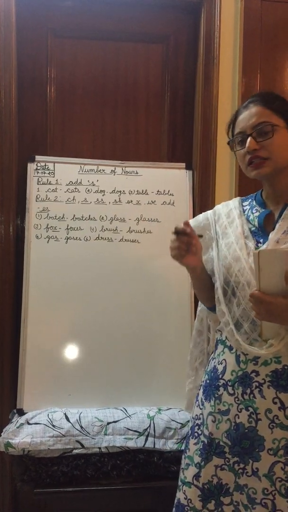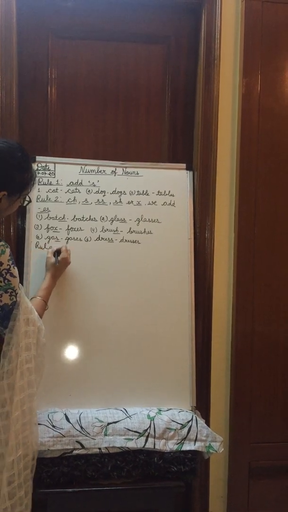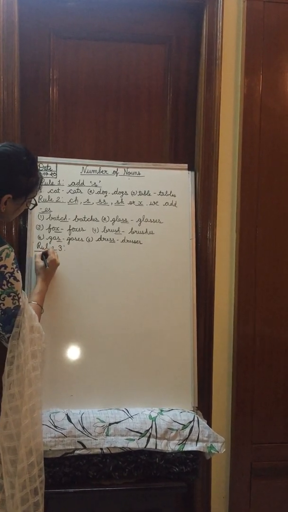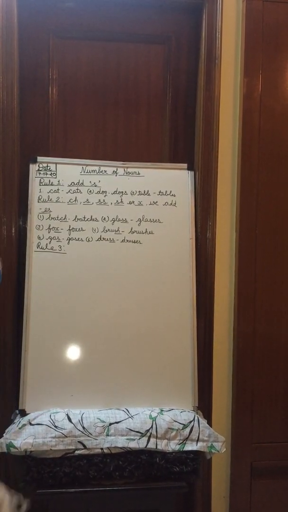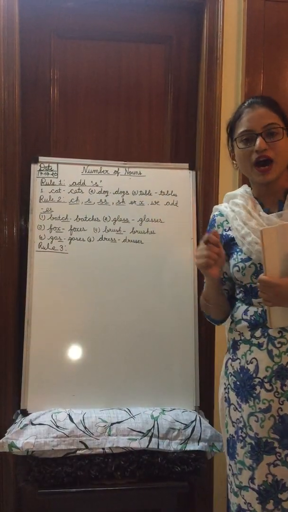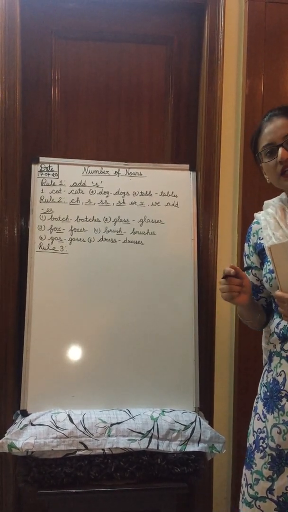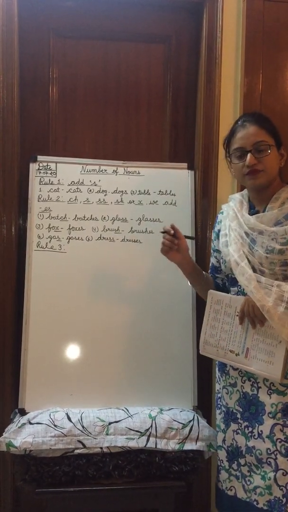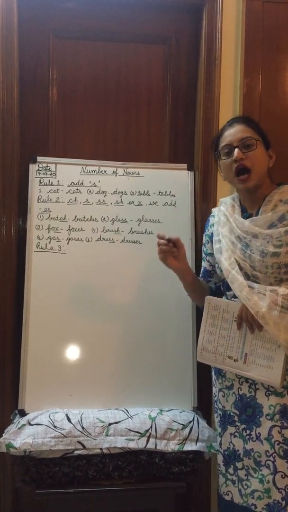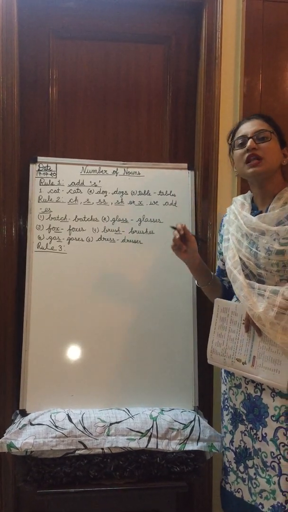So, what is rule number 3? Rule 3 is if the noun ends with Y and it has a consonant before it, then we change Y into IES. We will change Y into IES and then we will make singular to plural noun.